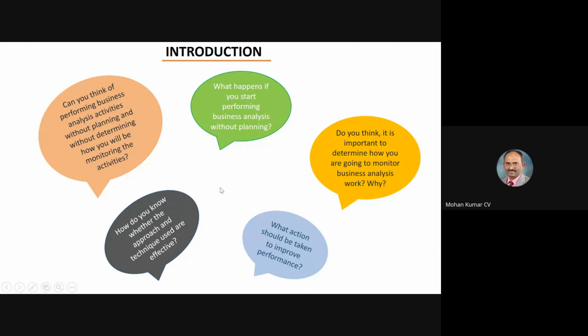Naturally, these are general questions that we keep asking. Can you start business analysis without any planning? You can as well start without much structure. But generally, if you go without structure and planning, you end up doing whatever you like. It's not what you actually desire, and the outcome will not be structured.